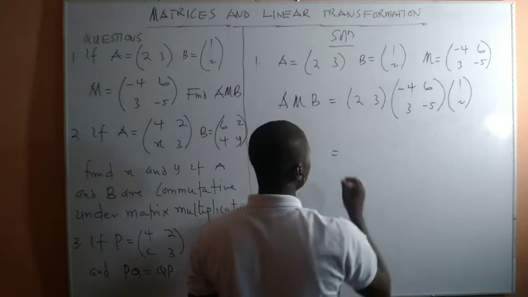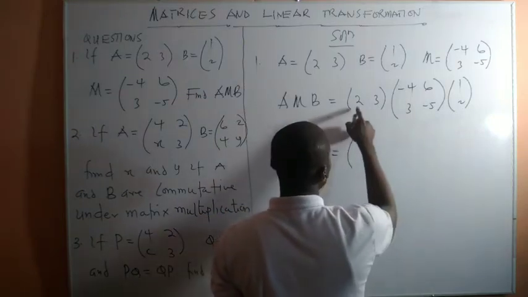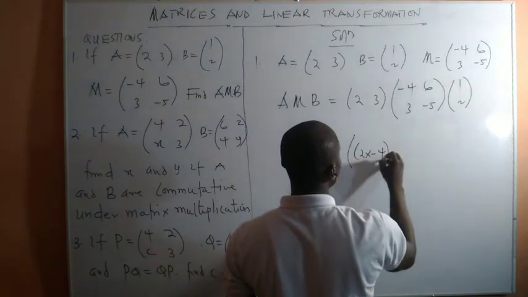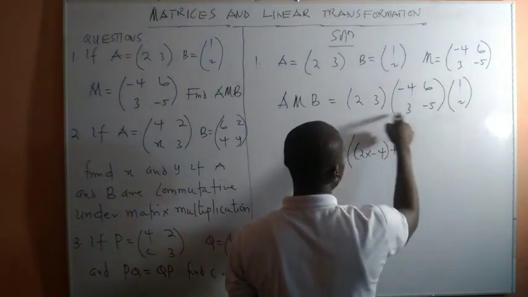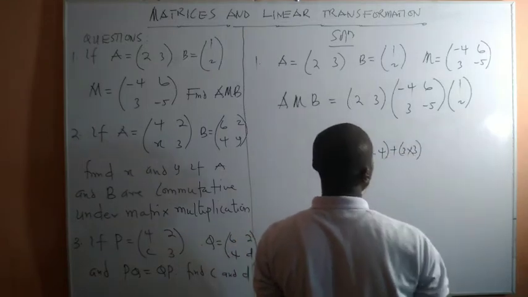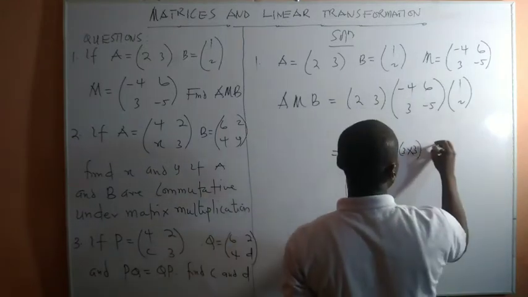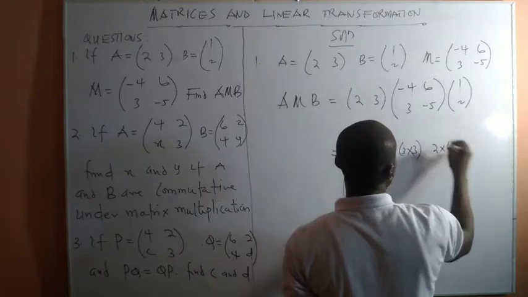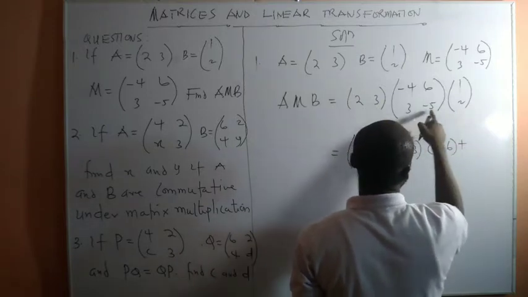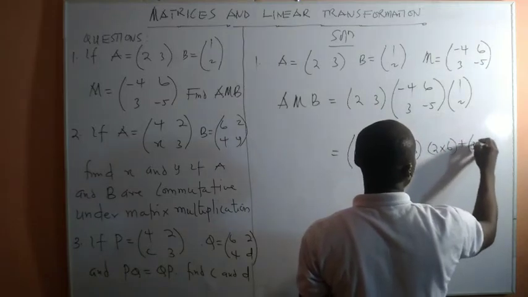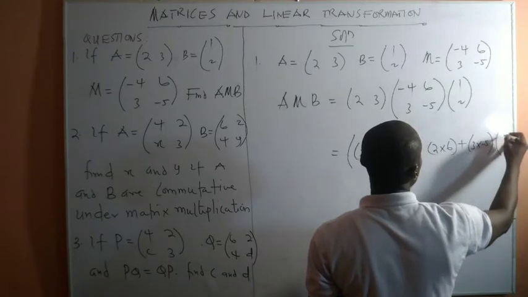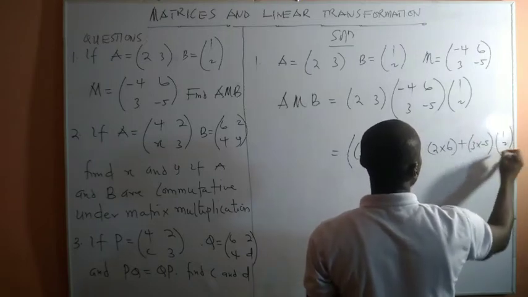So now we have 2 times minus 4, plus 3 times 3, then 2 times 6, plus 3 times minus 5. Don't forget that is all multiplied by [1, 2].